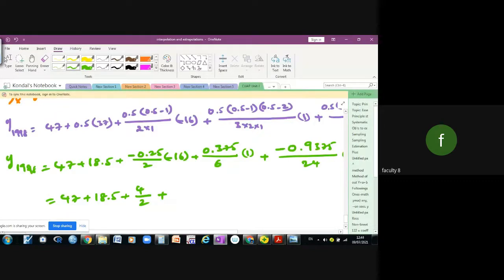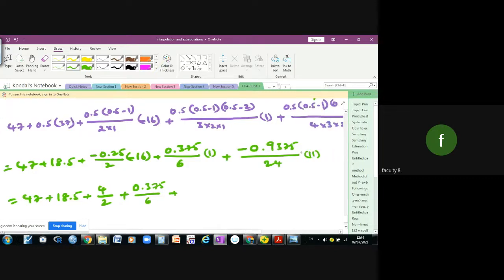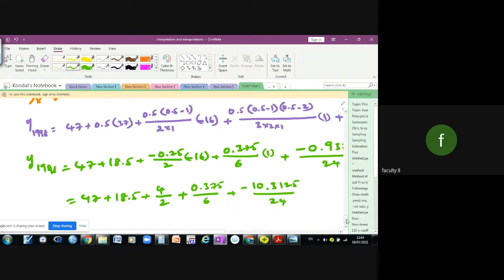So 0.375 into 1, that is 0.375 divided by 6 plus. See here, minus into plus, that is a minus. So 11 into 0.9375. So you will get minus 10.3125 divided by 24.